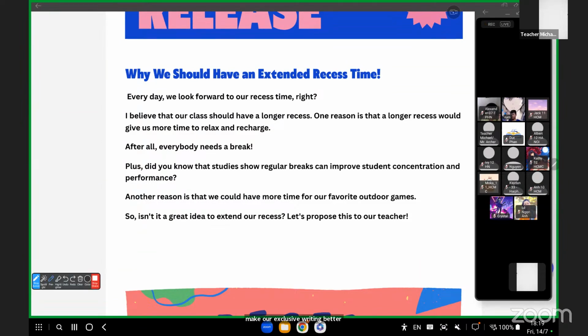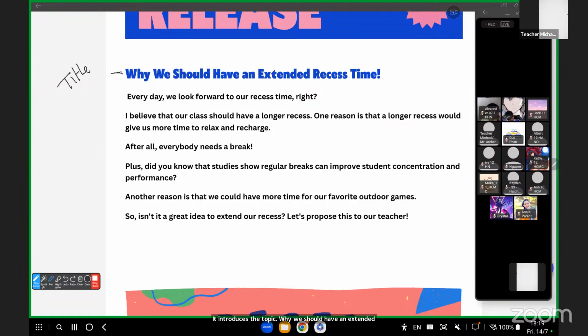So first of all, I'll introduce this section up the top here, and this is what we call the title. So this is letting you know what this whole document is about. What are you about to read? It introduces the topic. Why we should have an extended recess time.